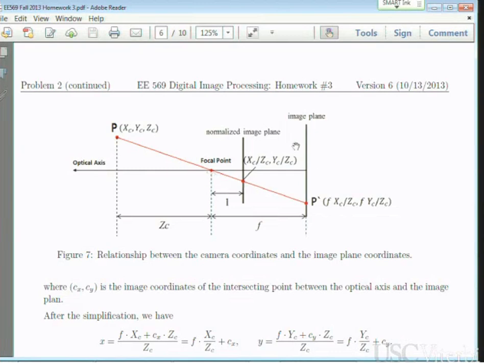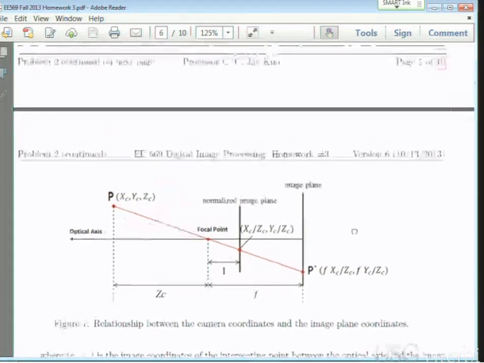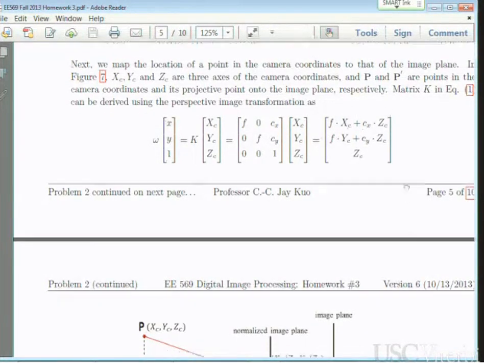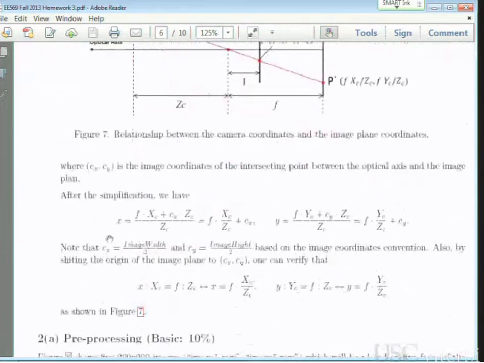Once you start here, you do the derivation, and eventually you derive X, Y. Z is not important. Z eventually disappears. ZC is just the depth, but when you look at X, Y, there's no ZC. So eventually small x, small y, with ZC just a scaling. So you can look at the F effect and so on.